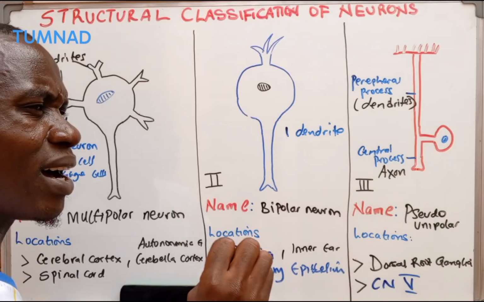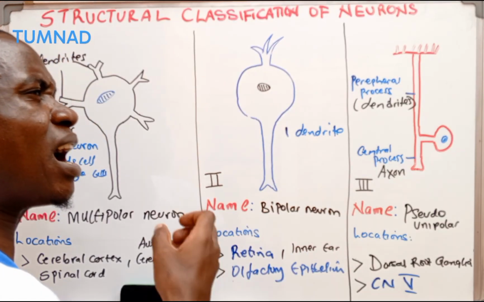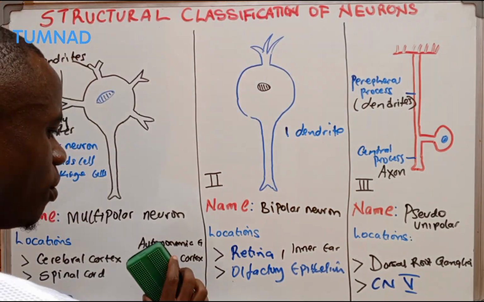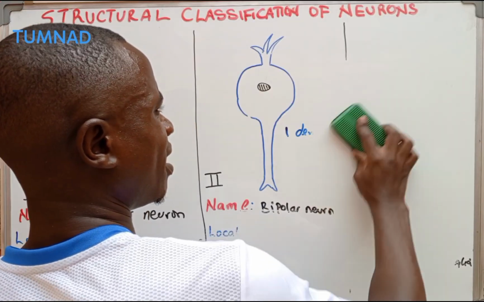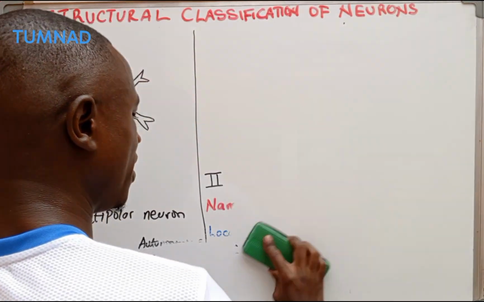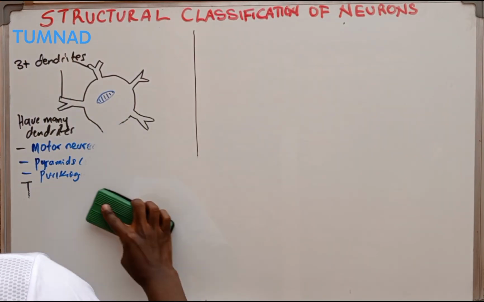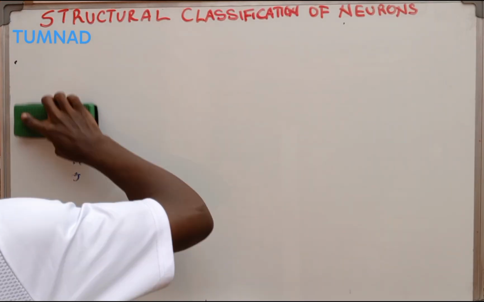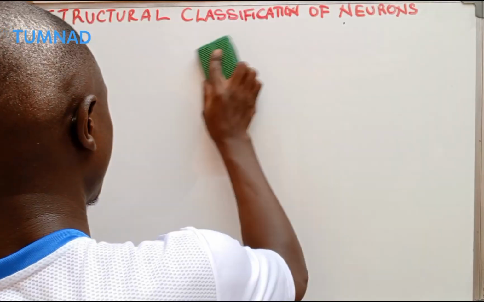So now let's have a look at one of these motor neurons by structure, and see all the labelings of the parts of that neuron. This kind of motor neuron is found as the majority in the whole of the central nervous system. So let's have a diagrammatic illustration of this motor neuron, and then we see all the parts that it bears.